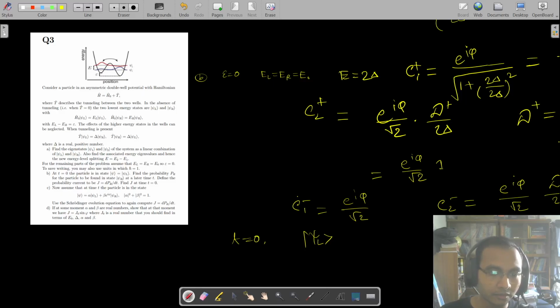And we also need to find out the probability current, which is defined as this. This is the probability for the state to be found at psi R at a later time t. So we also need to find this probability current at time t equal to 0.